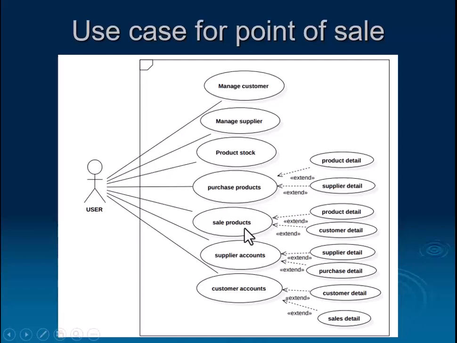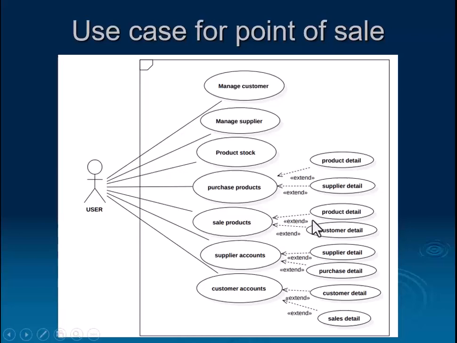Similarly, sale can be extended. Remember that we can also mention it here as include, but we will remove it from here. So for purchasing, we have to enter product and the supplier, but the main features are already here, so we have made entry here already, so there might be no need of these features.